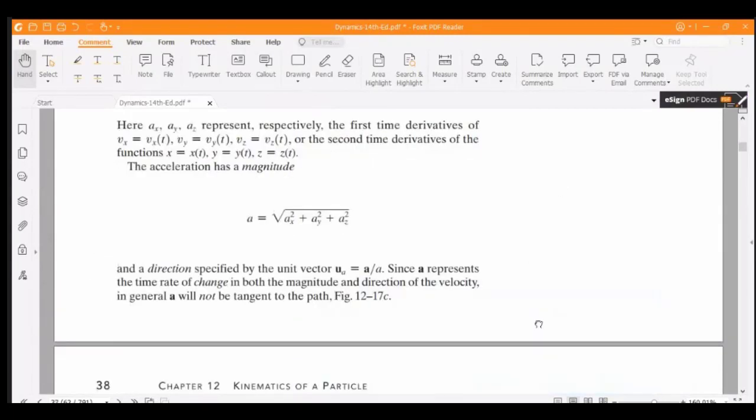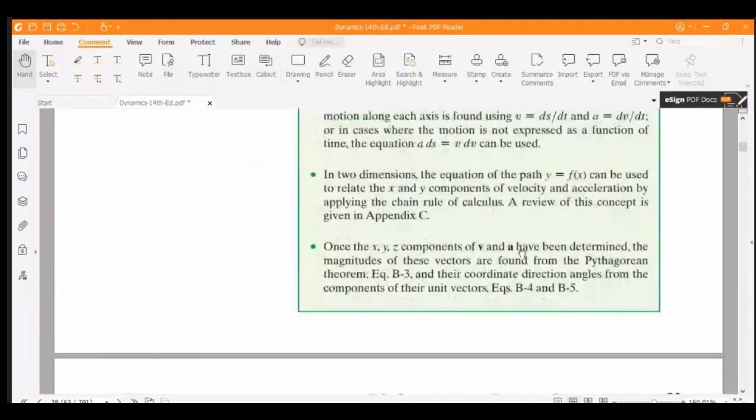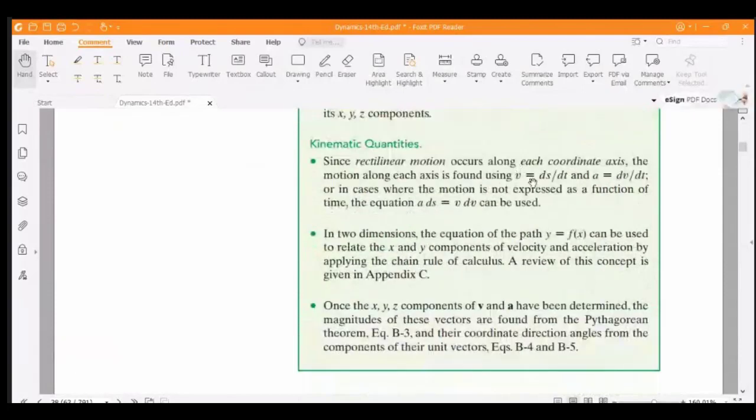So acceleration, how you can get the value, how you can get the direction. So I guess it is fine by now. You have some tips here if you want to see, because we had these equations as well. So how will they help us out?